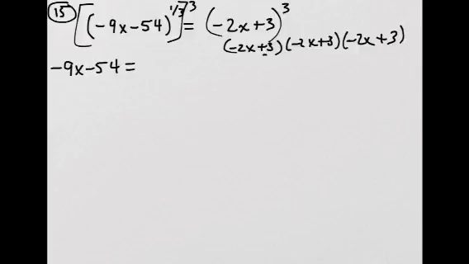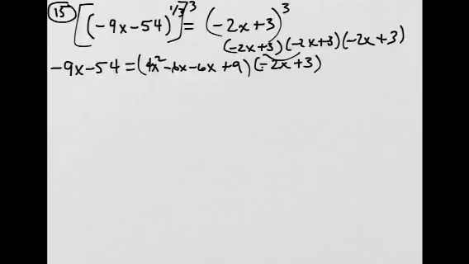So when you multiply these two together, you get 4x squared, and then again, using the distributive property, minus 6x plus 9. And then don't forget, there's still a negative 2x plus 3.